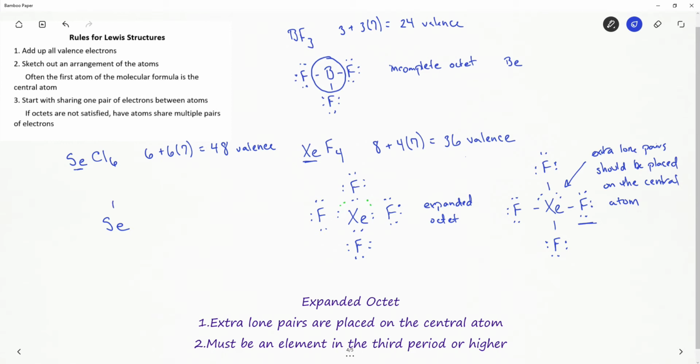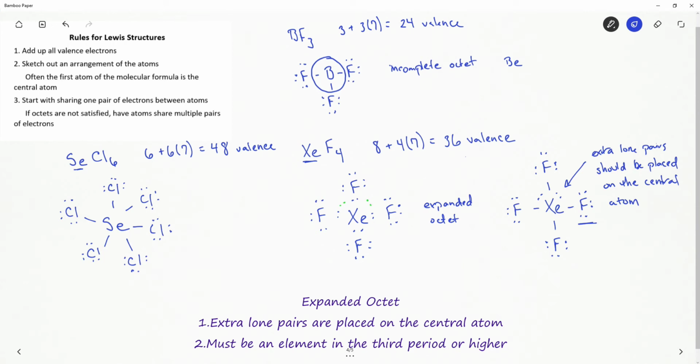So I am going to have 6 chlorine atoms around selenium. Now again, make sure that you put in your lone pairs. And again, double check your valence electrons.